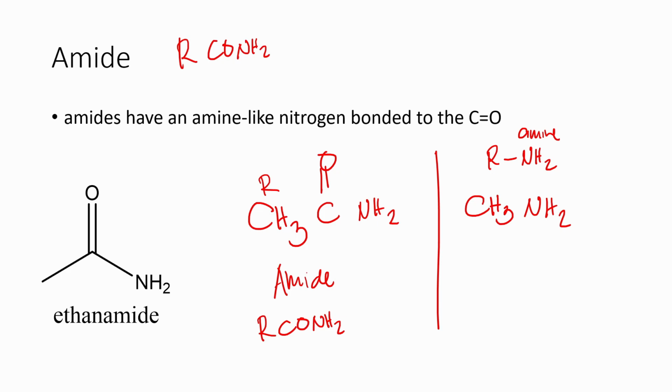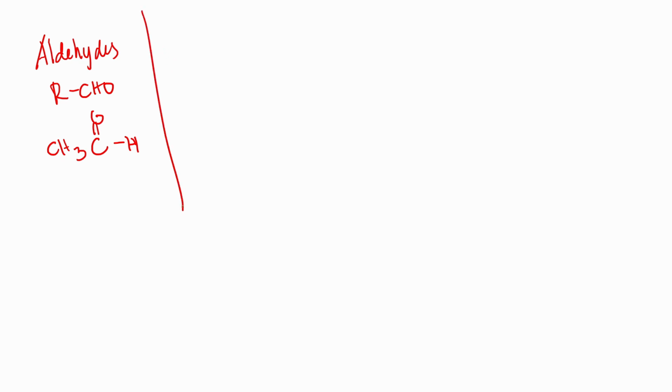Okay, let's summarize our carbonyl constituents. So the simplest is, let's start with our aldehydes. R, CHO, CH3, C double bond O, H. Next, you have your ketone.